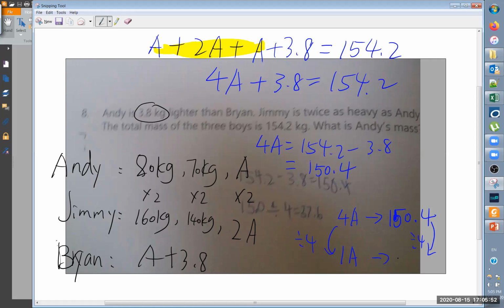That's your A. 38.6. Done deal. That's the weight for Andy's mass, because Andy's mass is A. So A is 38.6. Make sense?